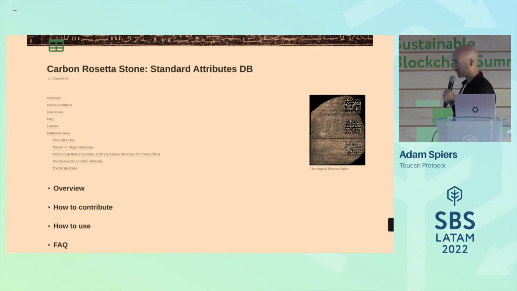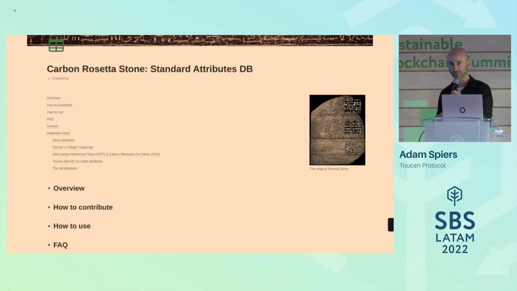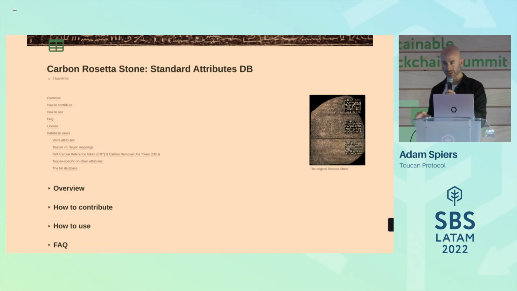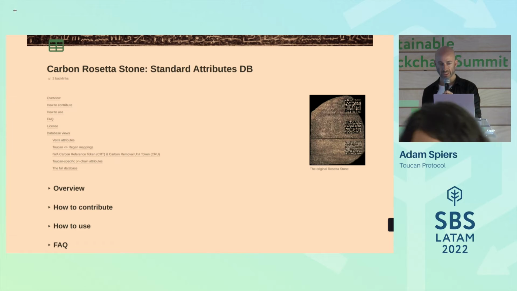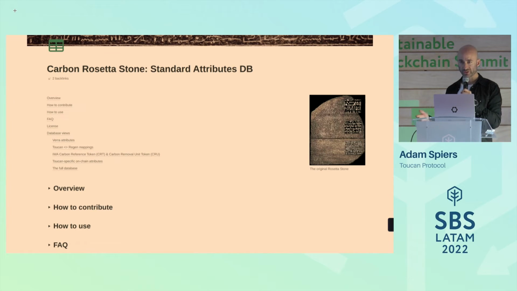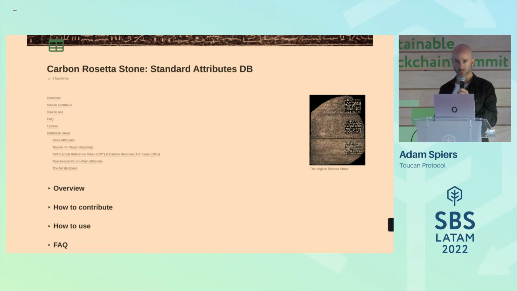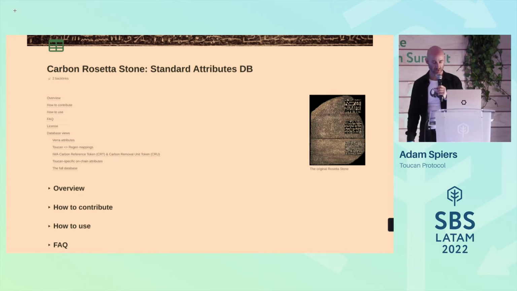With the Rosetta Stone, by looking at all those attributes and looking at who uses which attributes and how they use them, we can see the overlaps between the different initiatives in this space, how different projects use the same attributes, how different projects use different attributes, and then with that knowledge and this kind of focal point for communication, we can work together towards a shared vision.